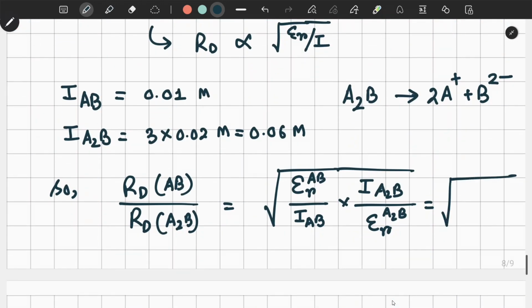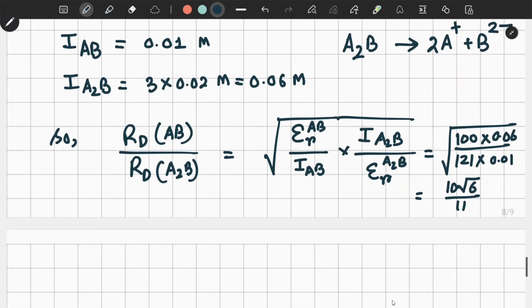So it is 100 divided by 121, and I of A2B is 0.06 and it is 0.01. So it is 10 into root 6 by 11. So eventually it is greater than 1.